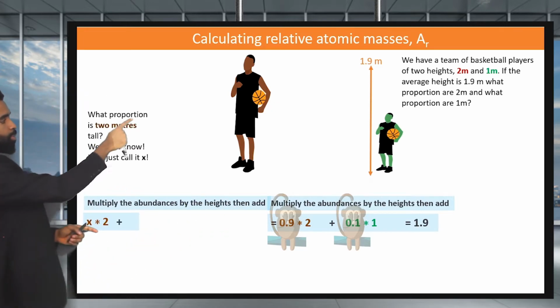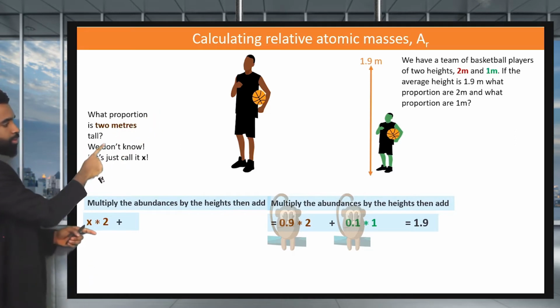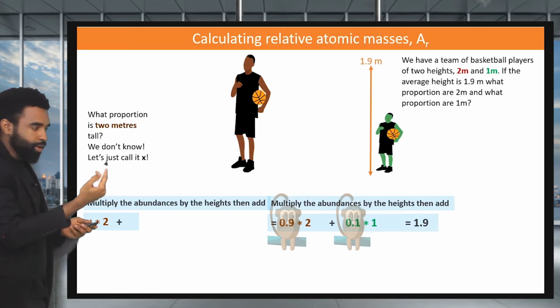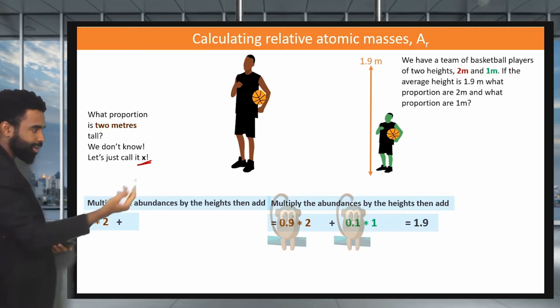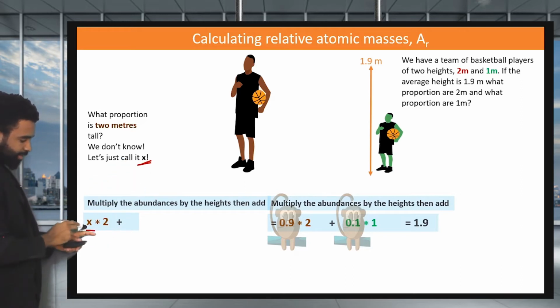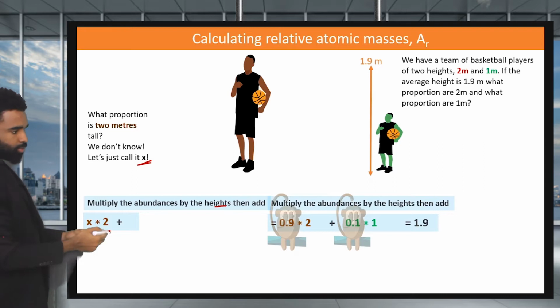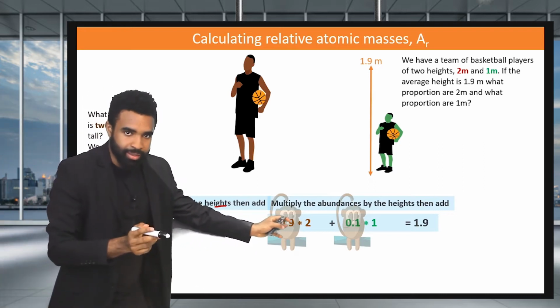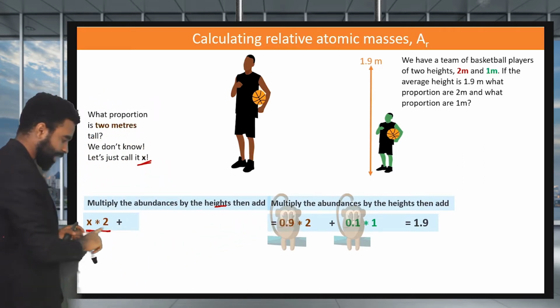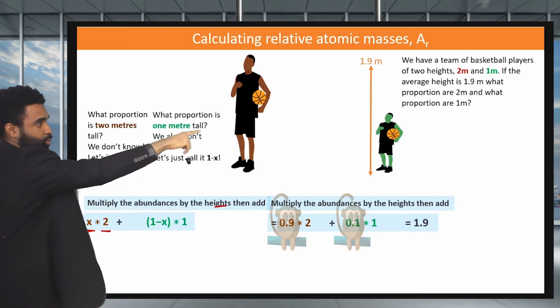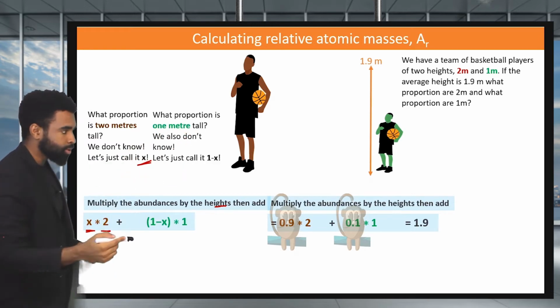So what proportion of the basketball team is 2 meters tall? We don't know. So what do we do? We do what we do in algebra, we call the unknown x. So we have x here, we don't know what that value is, times the height of those players. So x times 2. We already know that it's 0.9, but imagine we didn't know, we would just call it x times 2. Okay? Plus, the proportion that is 1 meter tall, we also don't know. So what do we call it?